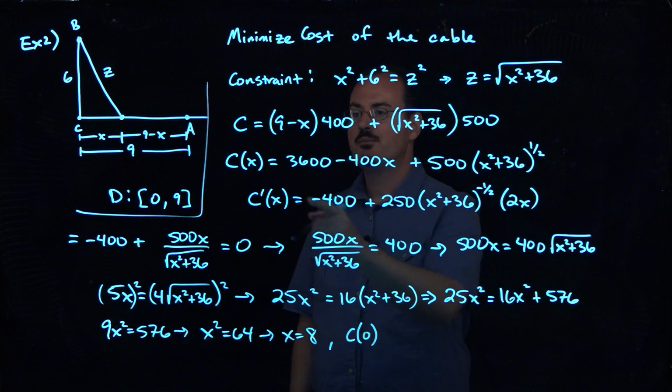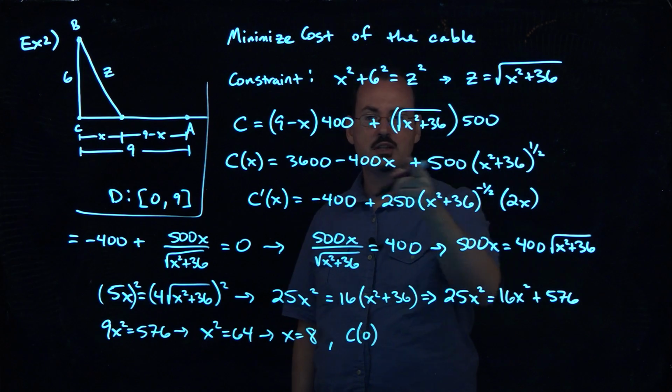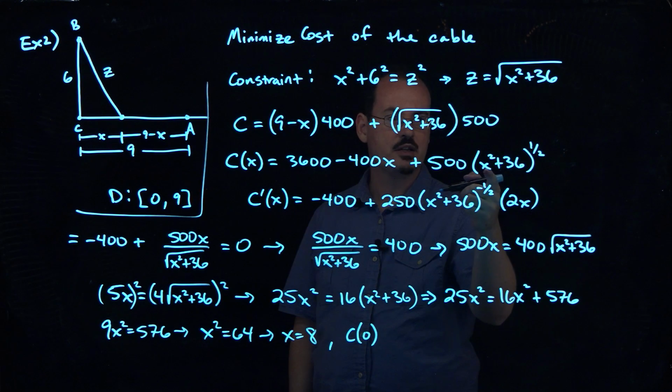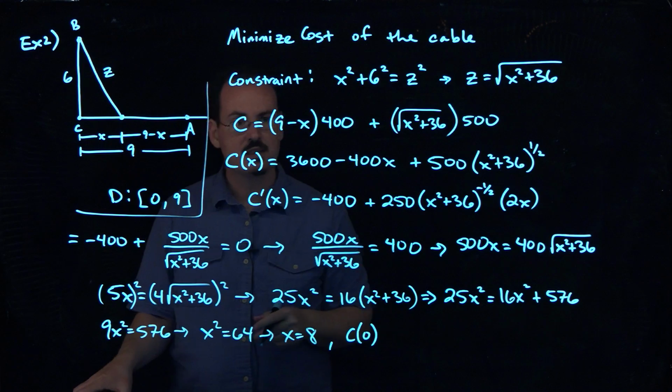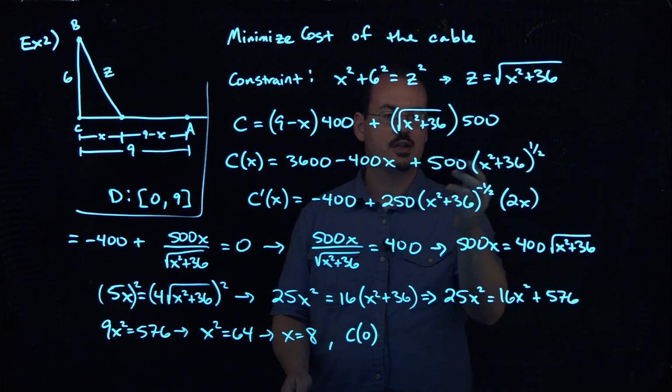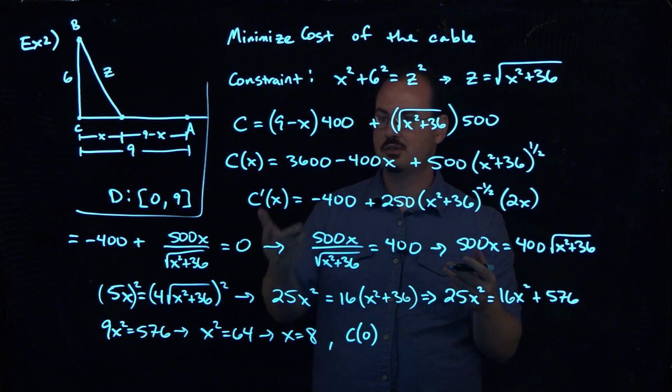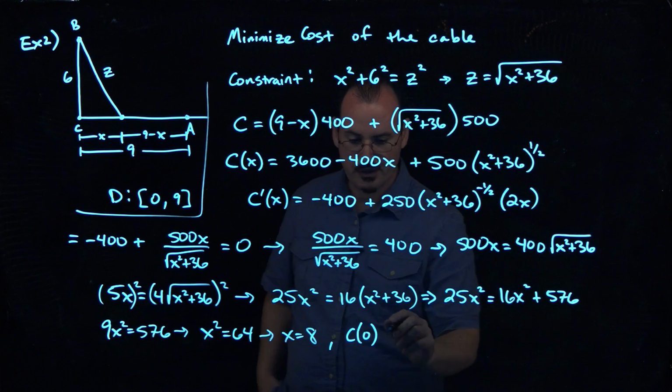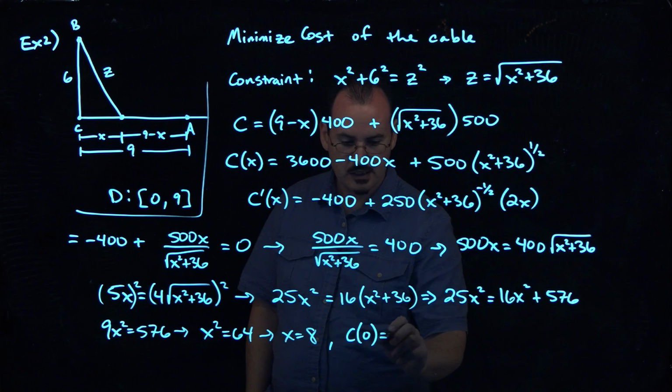So C of 0, if I come back up here to my original function and plug in 0, let's see what happens. If I plug in 0 here, that's 36, the square root of 36 is 6, so I'll have 500 times 6, that's 3,000, so 3,600 minus 3,000, that'll be $600.